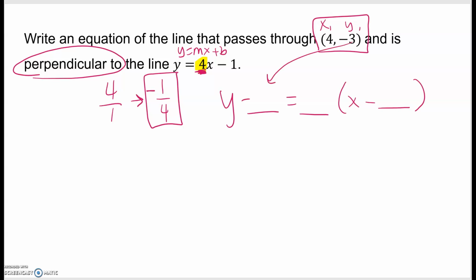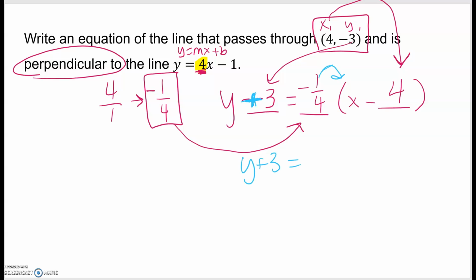Okay, so my first blank is my y1, so this becomes y minus -3 equals, here's my slope, -1/4, and my x1, which is 4. Okay, now let's simplify. So these two right here become a plus, y plus 3.